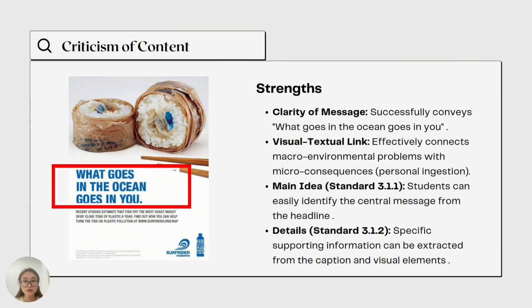Secondly, the poster creates a strong visual textual link. By using sushi, a familiar food, it successfully connects a large-scale environmental problem to everyday human consumption. Students can also extract specific details from both the image and the caption, supporting standard 3.1.2 and making it suitable for English as a second language reading practice.